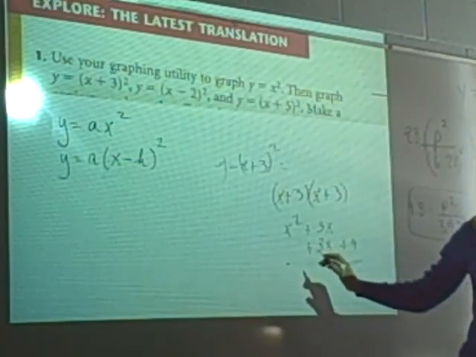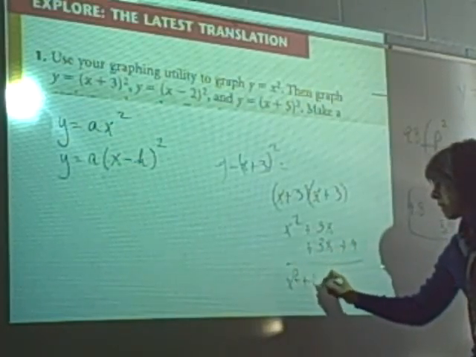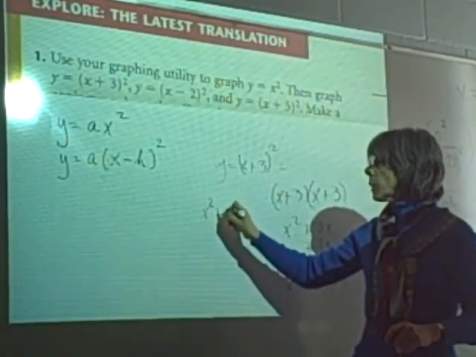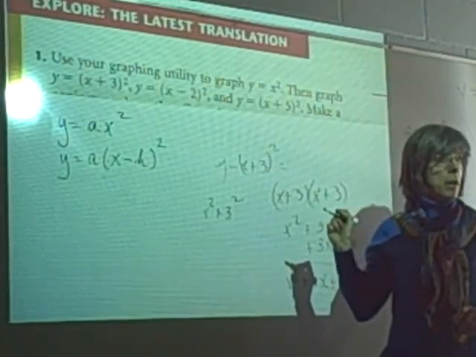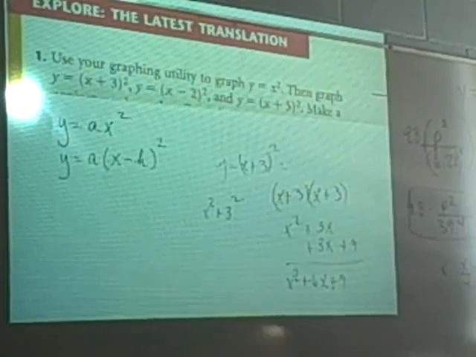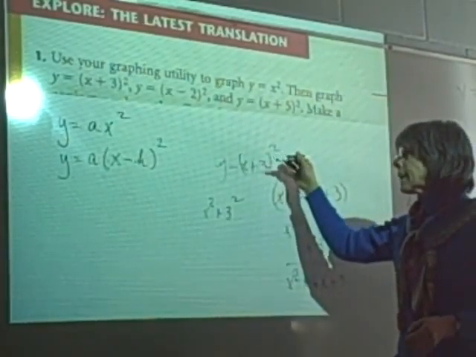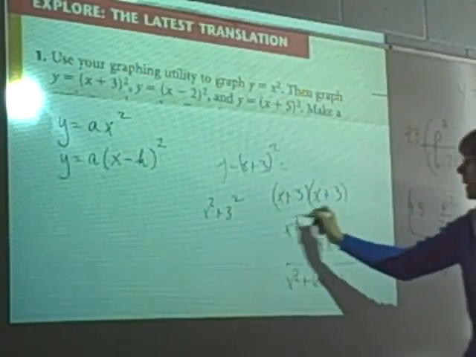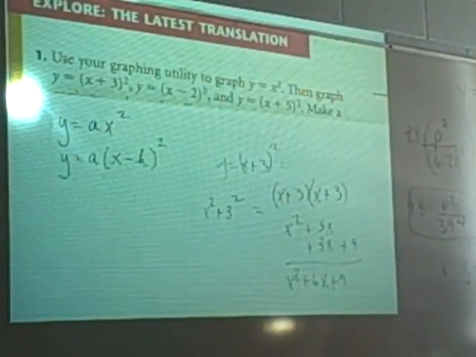So don't just think x squared plus 3 squared. You have to keep your parentheses, because if I just did the distributive property, x squared plus 3 squared does not equal this. Okay?